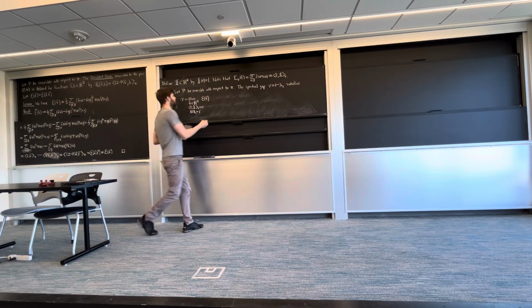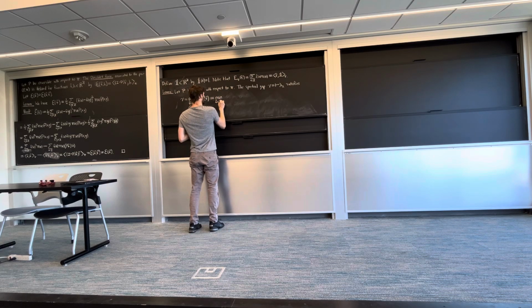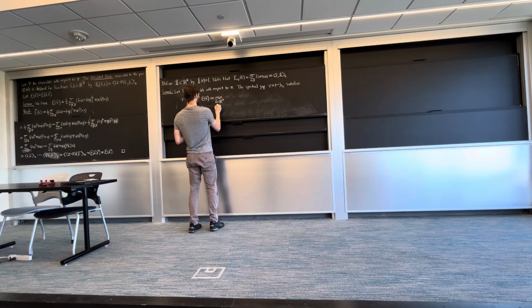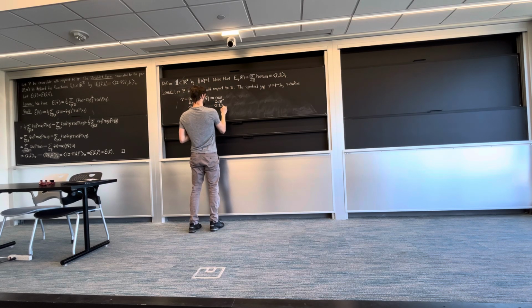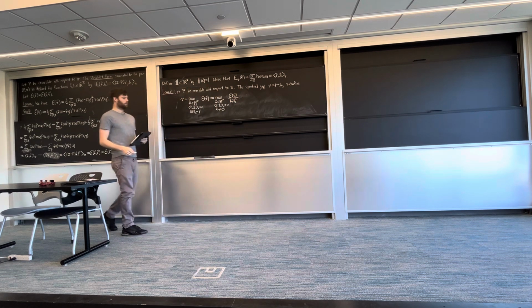bound. And I'll just say this is also equal to the minimum over f in R^X with inner product with Blackboard bold 1 equal to 0, and f non-zero, of the same thing, E(f), but normalized by dividing by the 2 norm squared.